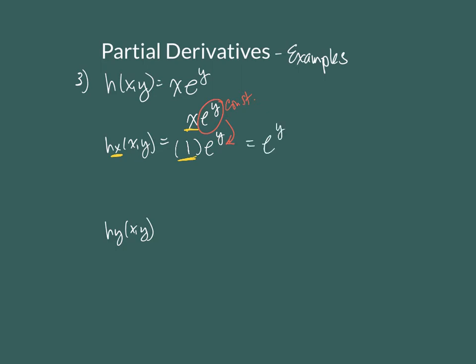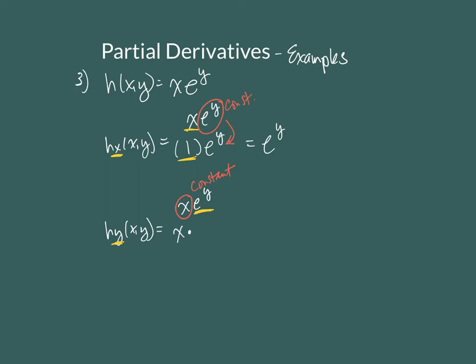All right, now let's switch it up. Take the derivative with respect to y. So x e to the y. Now which part is the part with the variable? This part. This part is the constant multiple. Again, the rule is if it's a constant multiple, it just gets rewritten. And then we multiply by the derivative of the variable part.